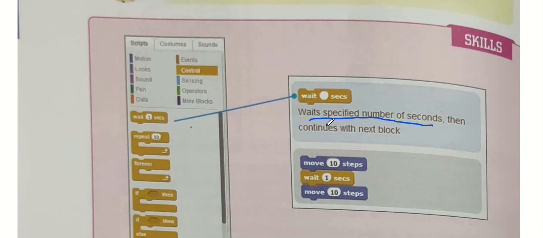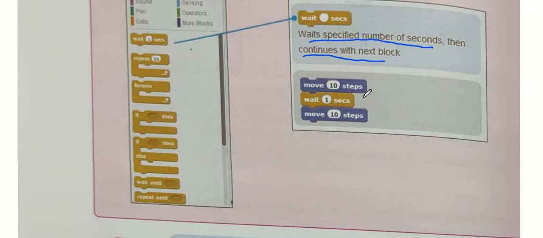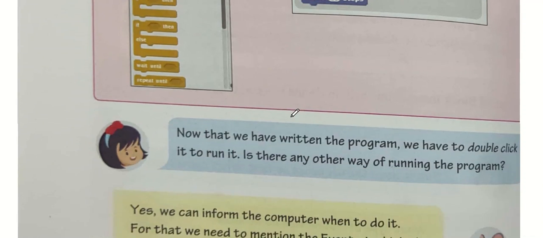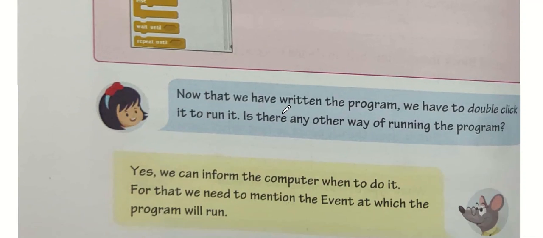After those seconds elapse, the sprite will continue with the next instruction. As it indicates here also, after moving for 10 steps, the sprite will wait for 1 second, and after waiting for 1 second it will again move for 10 steps.